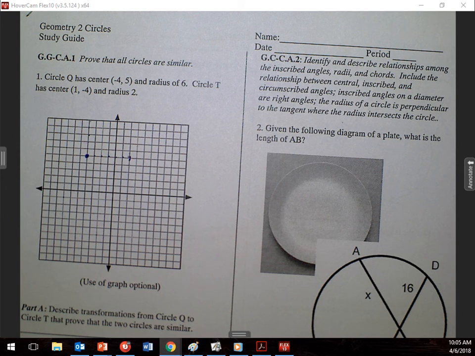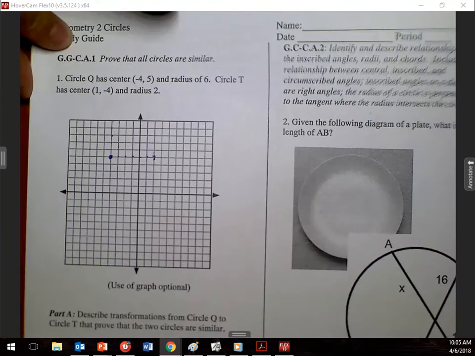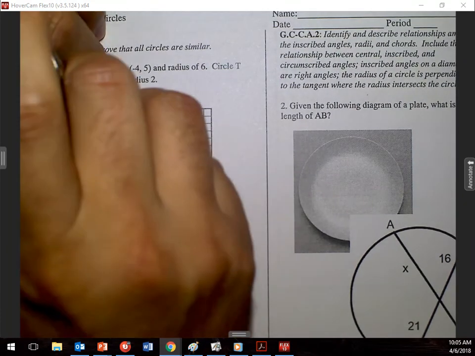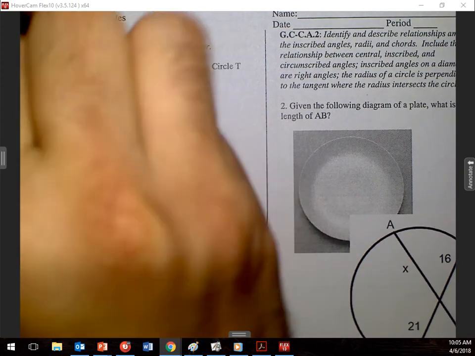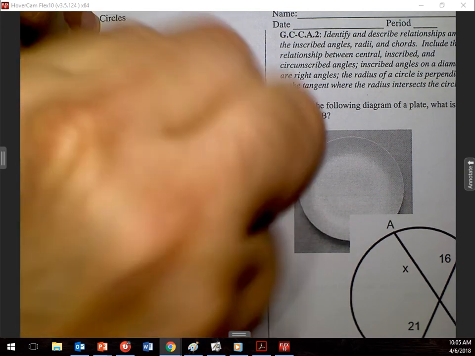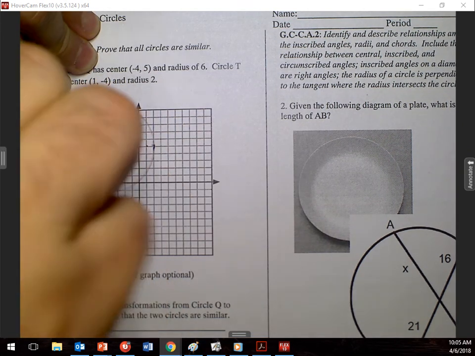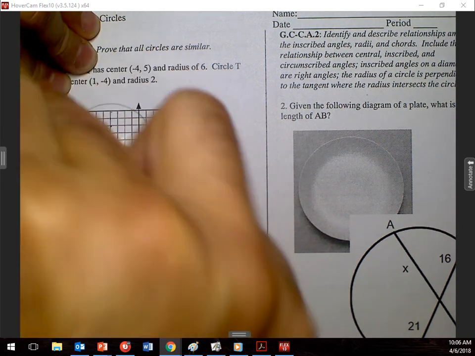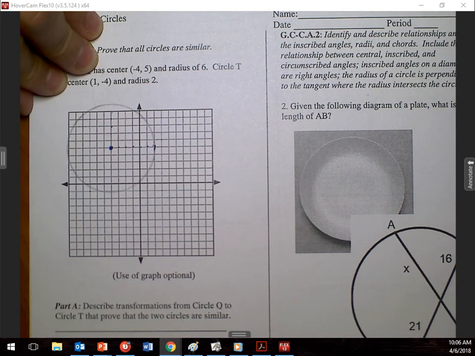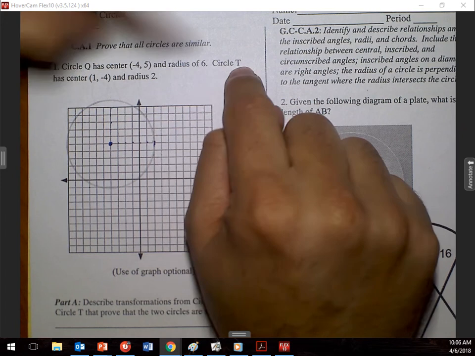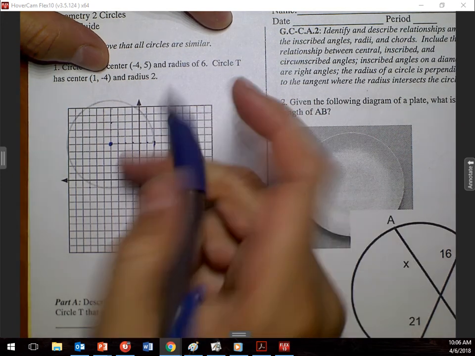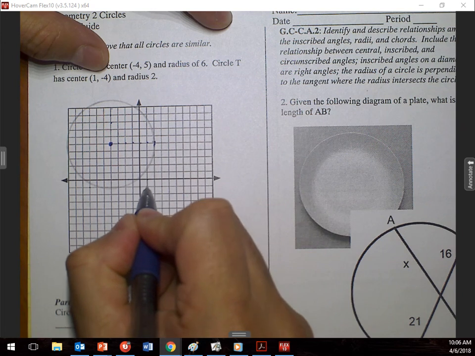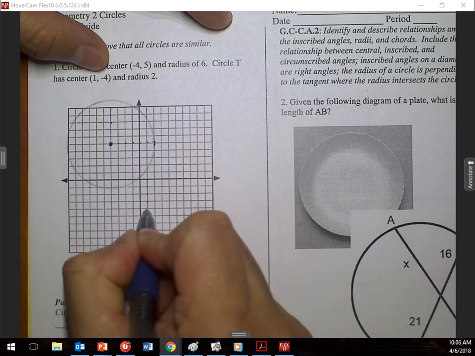Okay, so now I'm going to try to draw this. Yes, sorry, it goes off the circle, but it's fine. Deal with it. All right, so we have our circle there. Circle T has a center at 1, -4. 1, 2, 3, 4.